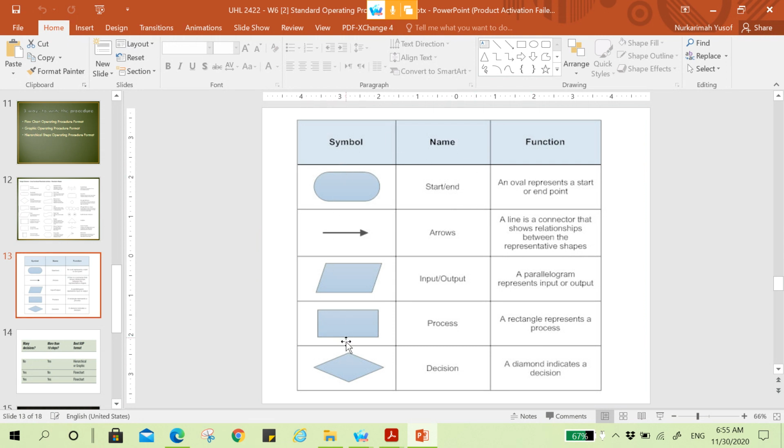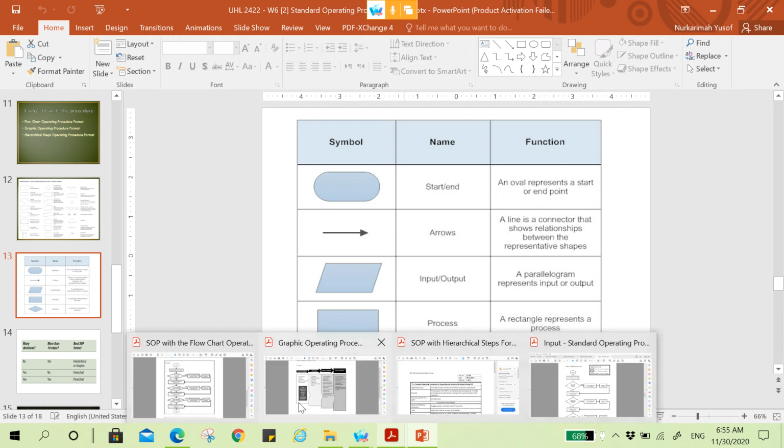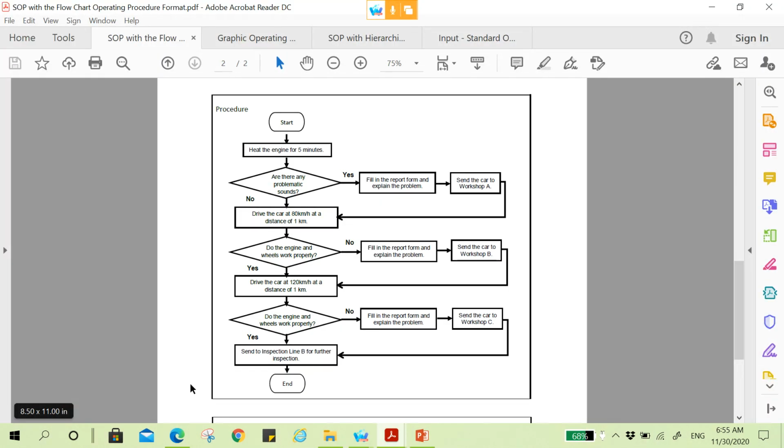But for 2422, basically if you just use the three shapes, you guys can already have the flowchart. Okay, and yes, don't forget your arrows here. Don't forget your arrows, and make sure you only use one-sided arrow.